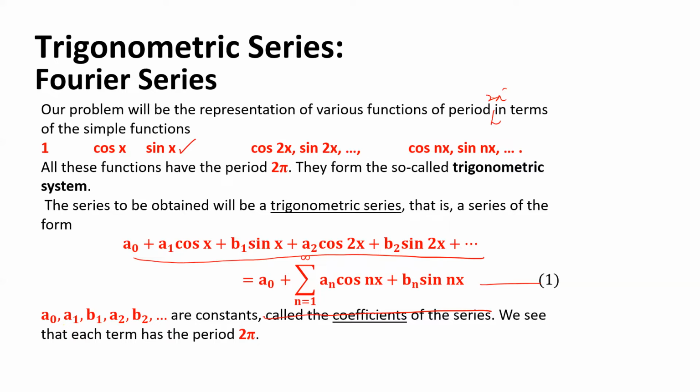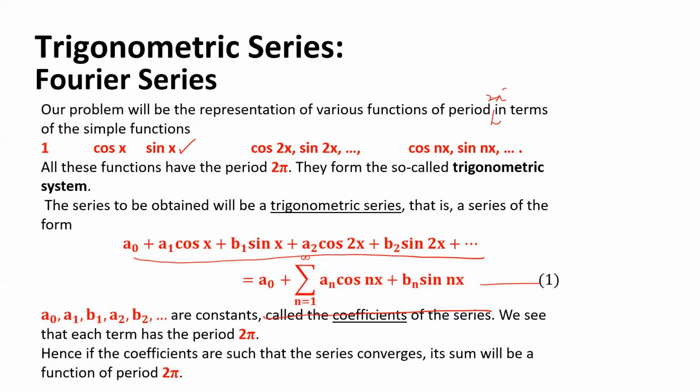And we can find the values of these coefficients by Euler's formulas. Hence, if the coefficients are such that the series converges, its sum will be a function of period 2π. That is, this series will represent the function.